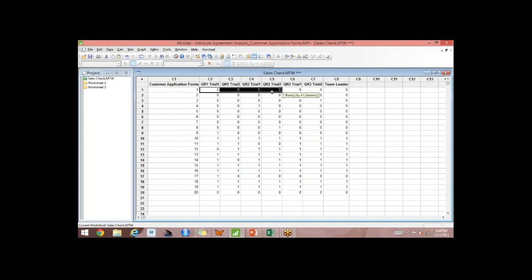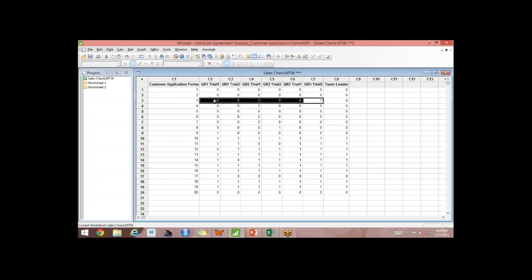Everyone says customer application form 1 is incomplete. Fine. Here also everyone says it is incomplete. Fine. Look at this third one. All except quality representative 2 in his trial 2 agree. He says the customer application form is complete. In all the rest of the cases, it is incomplete.